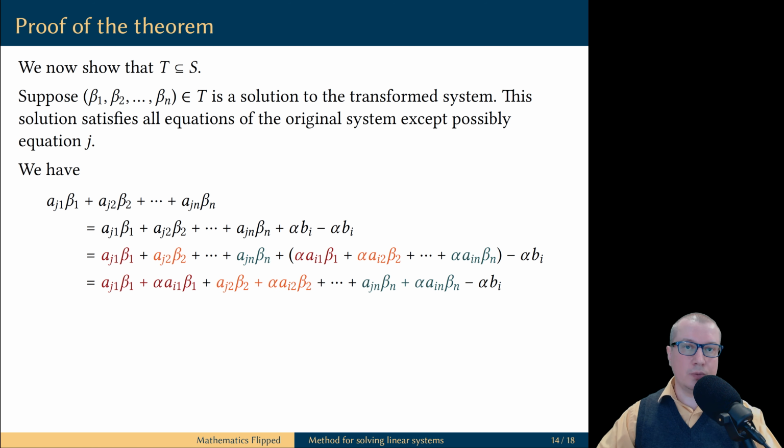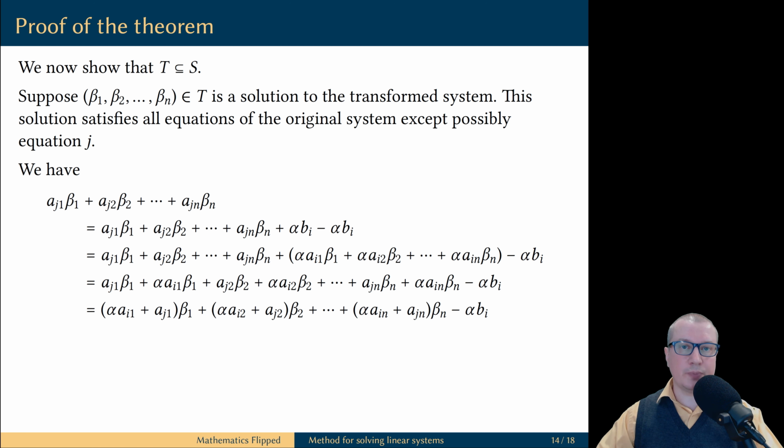Now, in each group, we are going to factor out the corresponding copy of beta. But now I can replace the red part with alpha bi plus bj because betas satisfy equation number j of the transformed system. This is exactly the left-hand side of that transformed equation and the right-hand side of the transformed equation. But now you see that this simplifies to simply bj.